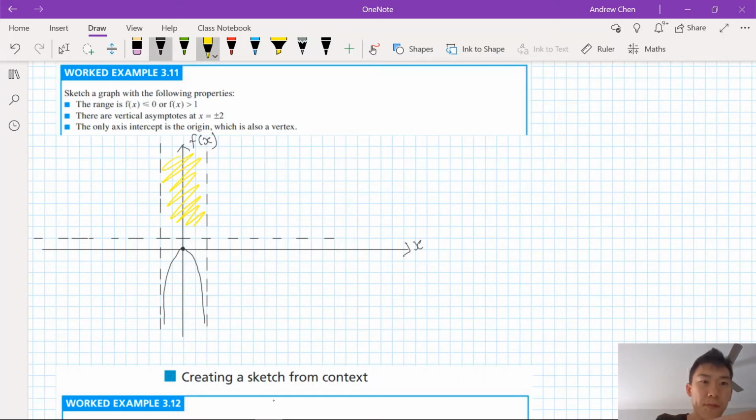So the only way our graph can go is something like this. You'll see that the graph will approach those two asymptotes, but they will never touch them.